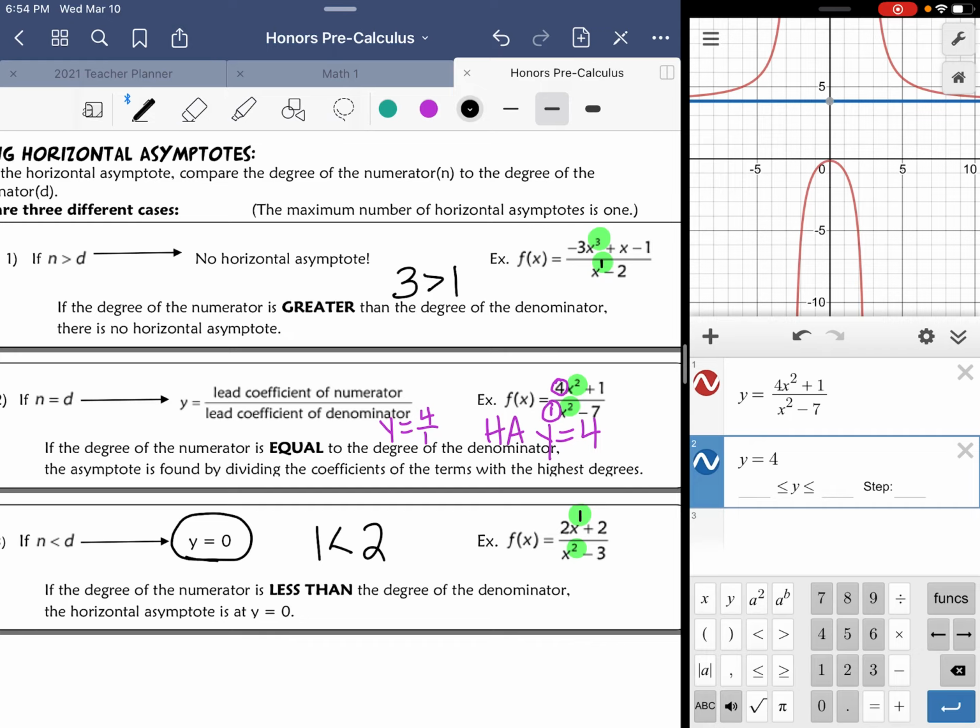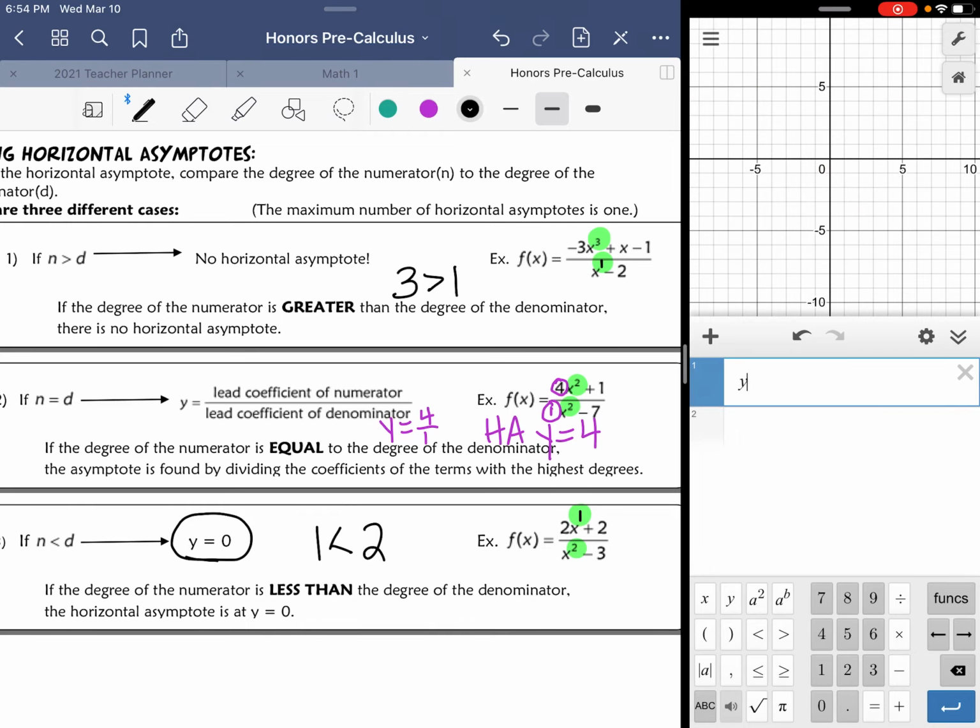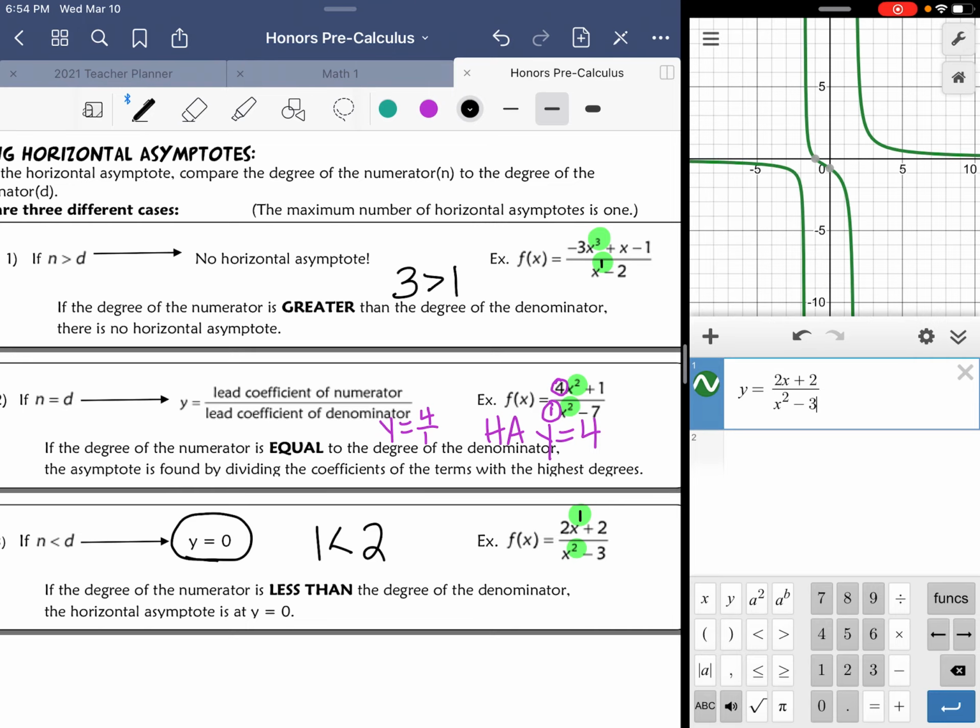If it's equal to, you divide the leading coefficients, and if it's less than, it's always y equals 0. Again, to verify, I have 2x plus 2 over x squared minus 3. And then if I graph y equals 0, we're going to look at the outside pieces. So when you do horizontal asymptotes, it does not include that inside section. The horizontal asymptote applies to the ends and the end behavior.